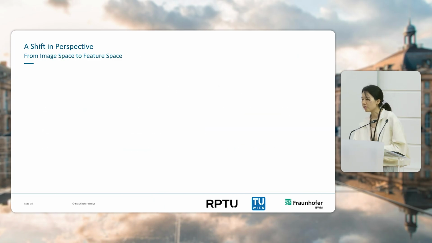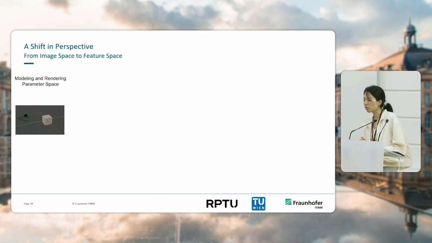When we design the synthetic dataset, the part we can directly control is the modeling and rendering parameter space, like defect type, material, lighting, viewpoint, and sampling rate. But in practice, choosing these parameter ranges is often based on our intuition, so we can look at the pipeline from another perspective.